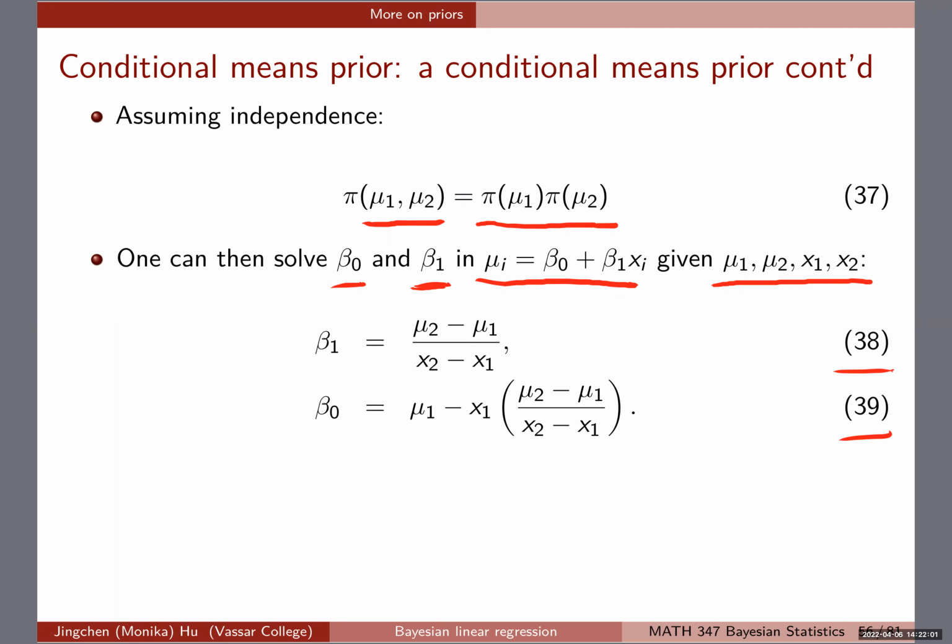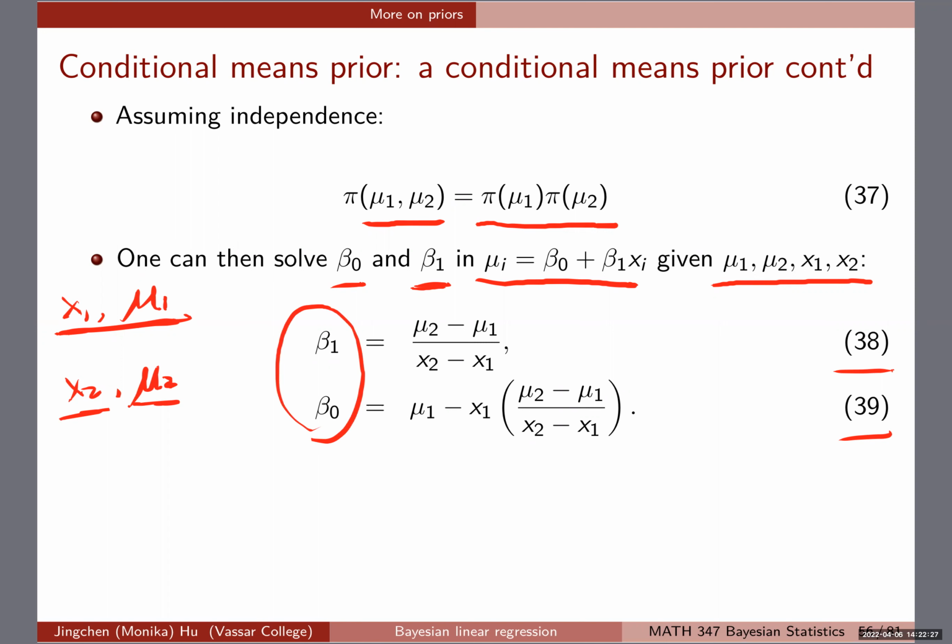So I have my x1 in my first period, and my mu1. In my second period, I have my mu2. Mu1 follows a normal, mu2 follows a normal, and x1 and x2 are given to us, they're known, like 10 and 15. So with that, we should be able to solve for beta 0 and beta 1.